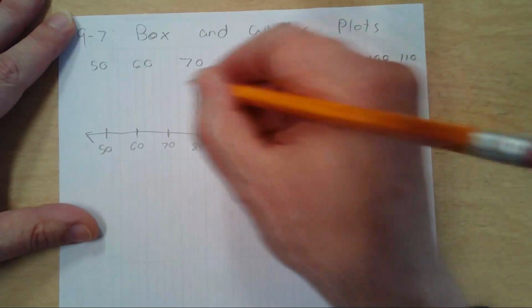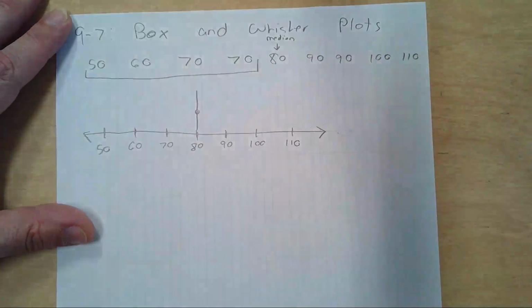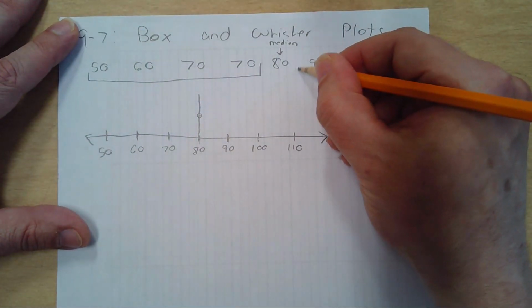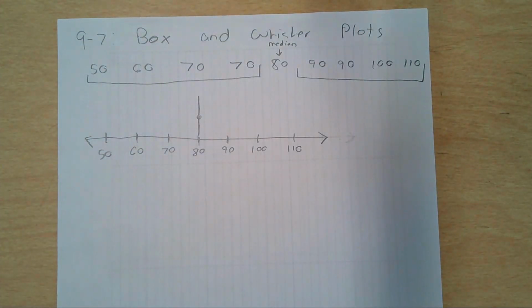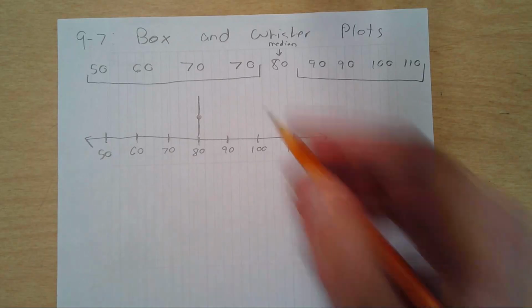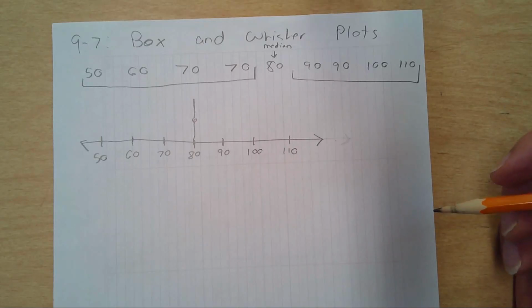So there's our median, and now I have these 4 numbers over here, and these 4 numbers over here. These 4 are before the median, and these 4 are after the median.